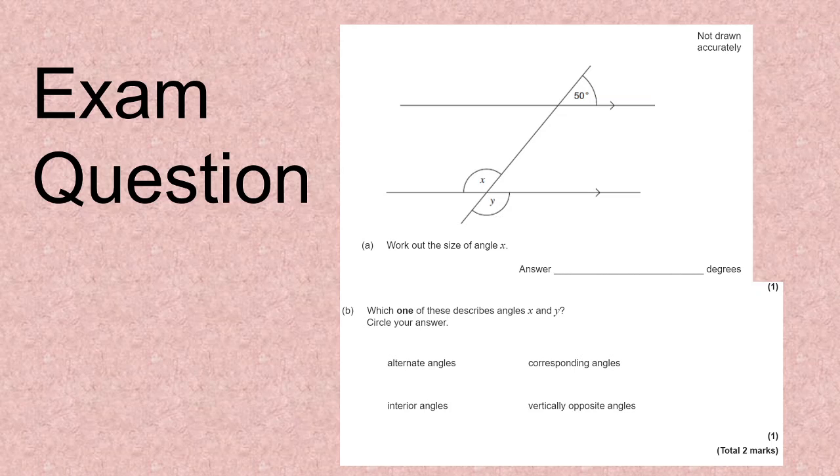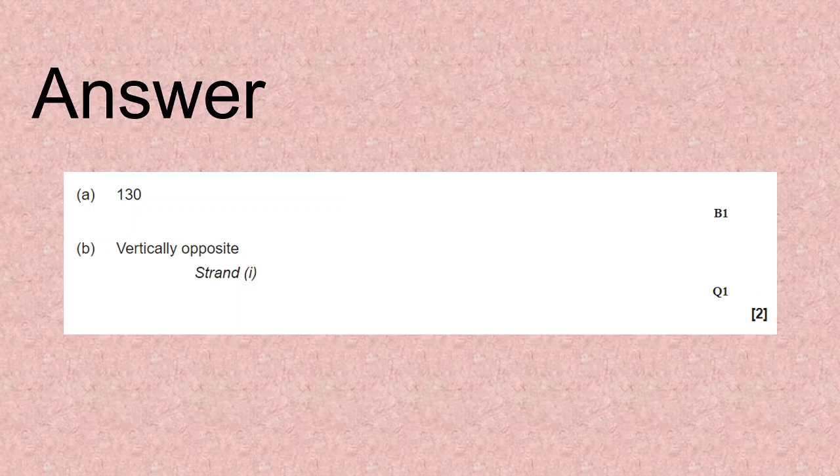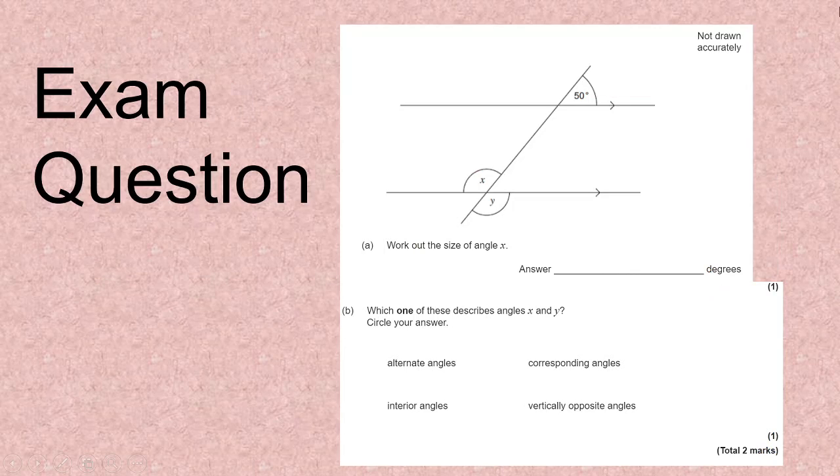Let's see how we got on with that. So 130 for the top. You've got to work out the angle X. We could use vertically opposite and work out that this one here would have to be 50, and then they're interior, so they add up to 180.